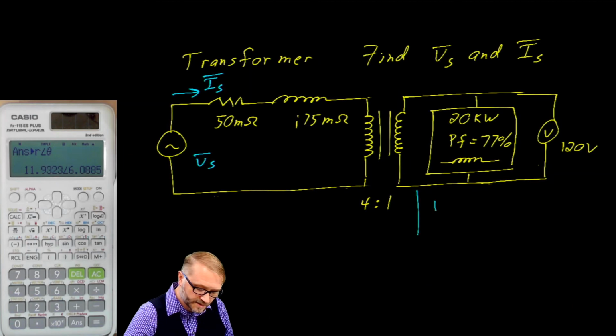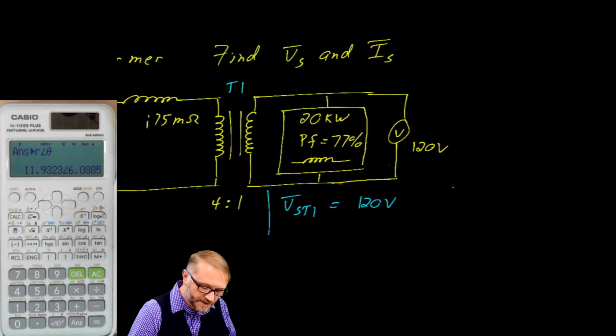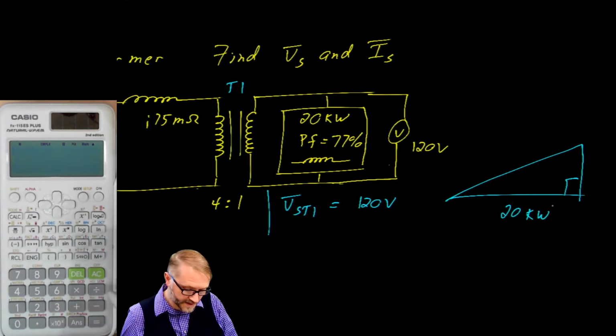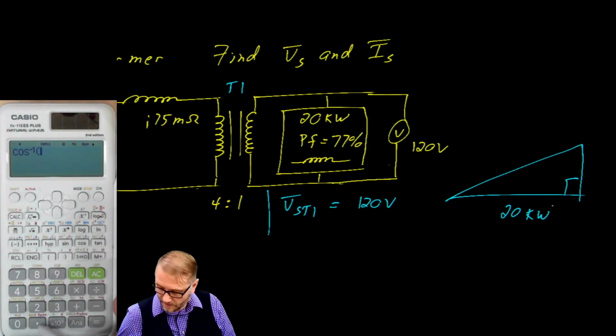We start here. The voltage on the secondary of T1, assume that's T1, is equal to 120 volts. That's a given. Next, we need to determine the current from the given power factor and voltage. So this here is 20 kW, and as far as the angle is concerned, that's inverse cosine of 0.77.